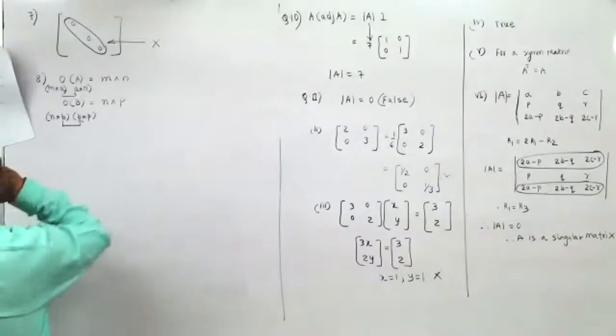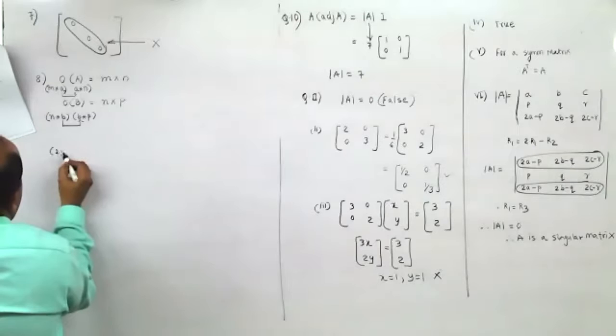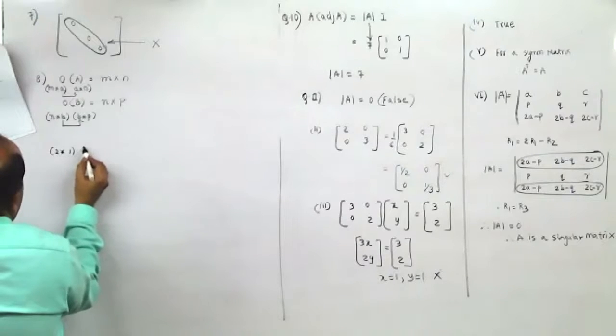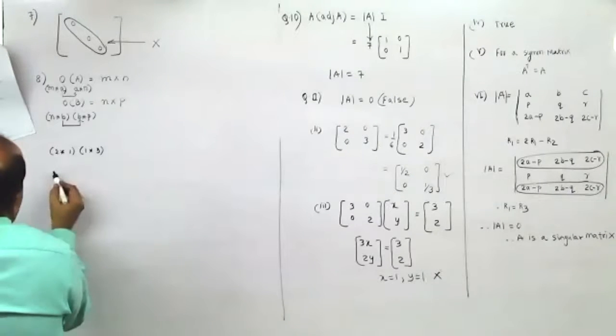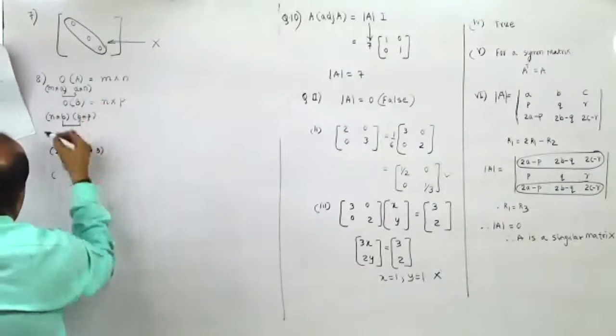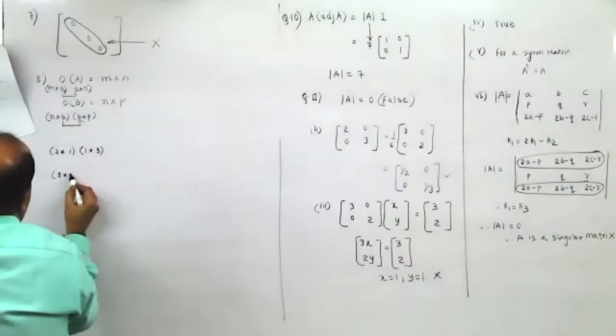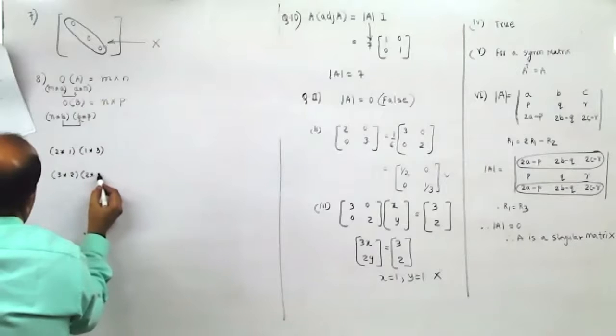Suppose I say this is 2 by 1 and this is 1 by 3. Okay, this is N. So 3 by, I'll say 2 and 2 by, I'll say 1.